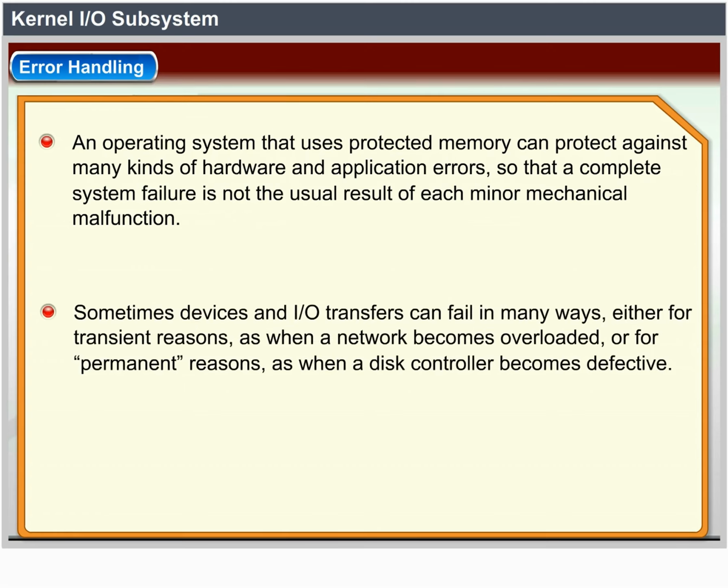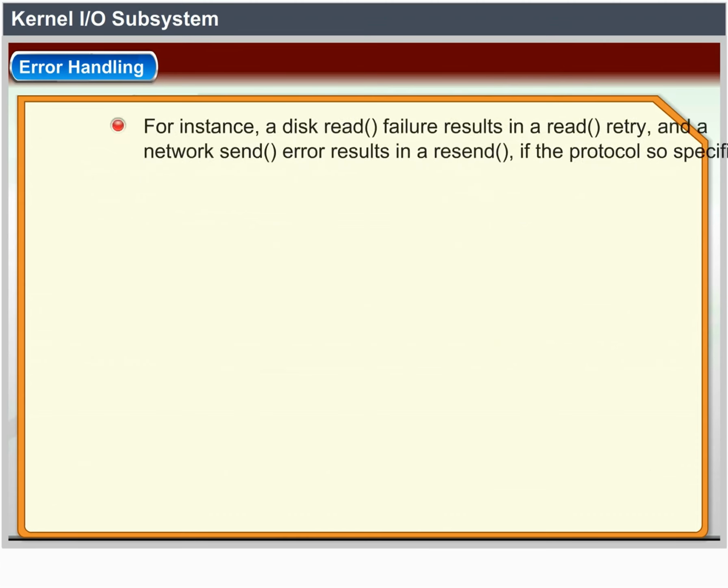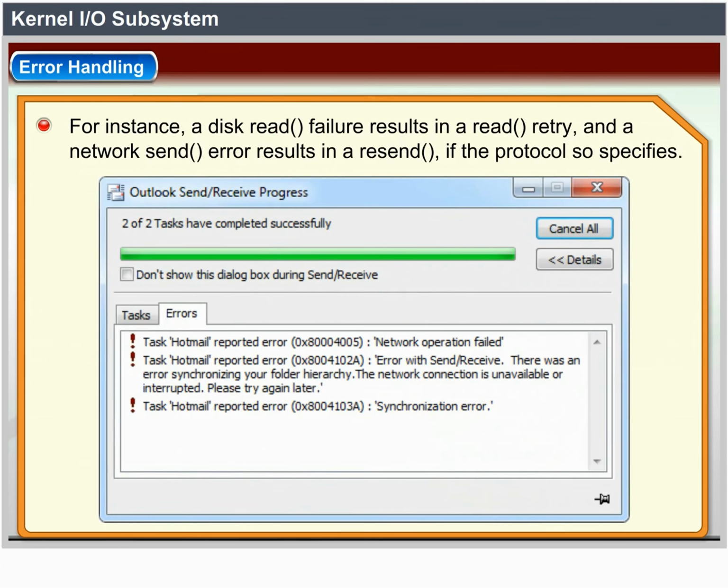Operating systems can often compensate effectively for transient failures. For instance, a disk read failure results in a read retry, and a network send error results in a resend if the protocol so specifies.